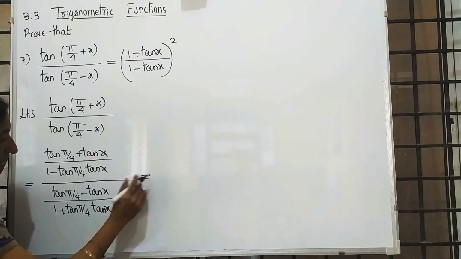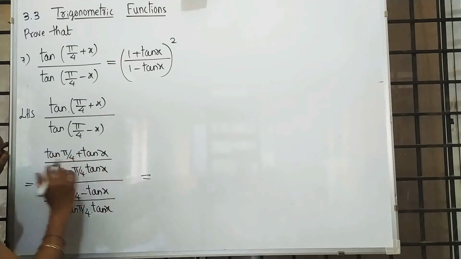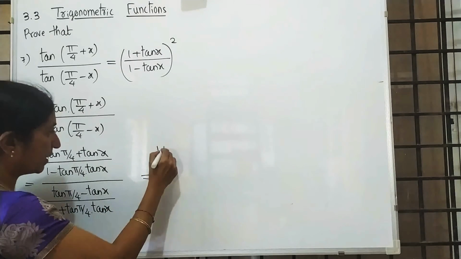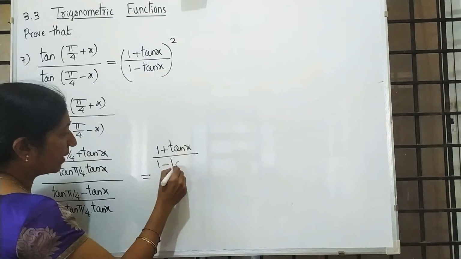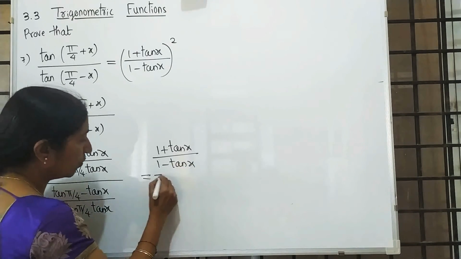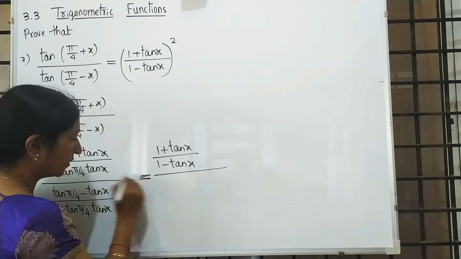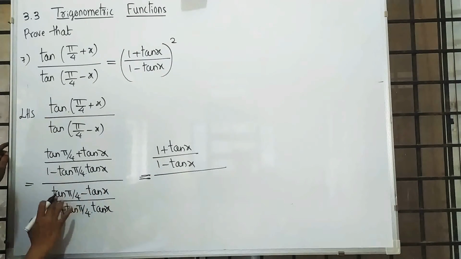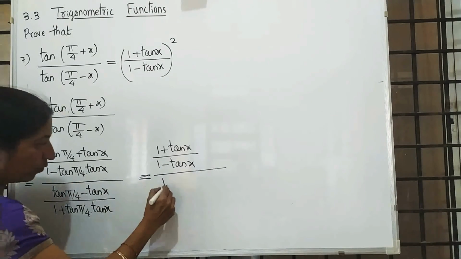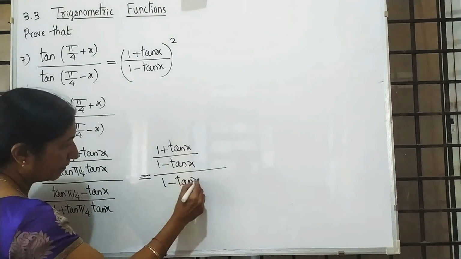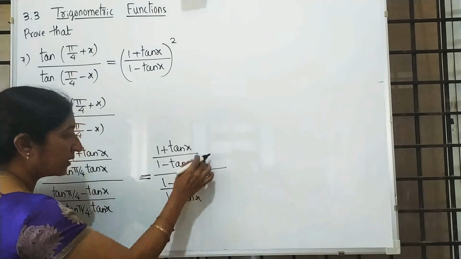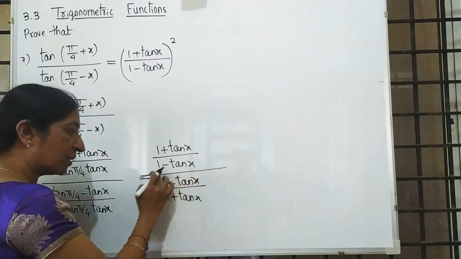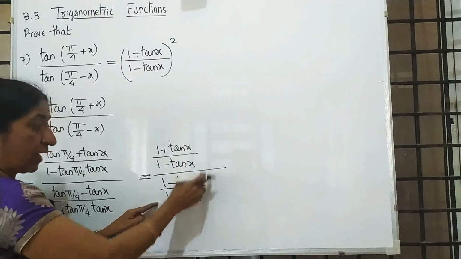And you are familiar with tan pi by 4 value, that is 1. 1 plus tan x upon 1 minus tan x whole divided by, see, you have to write the fraction like this. Again tan 45, 1 minus tan x divided by 1 plus tan x. In the numerator also we have a fraction, in the denominator also we have a fraction. This fraction goes up.